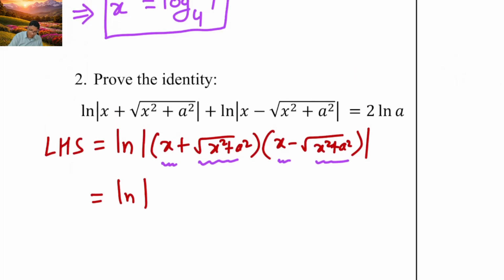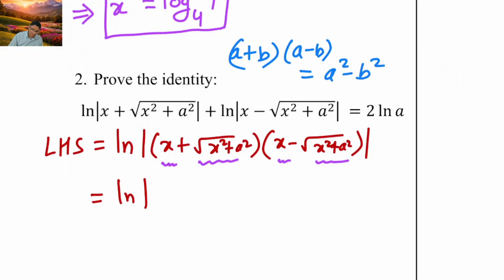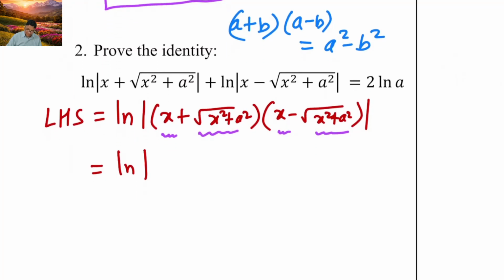I will write up here in case you need a reminder for that formula. a plus b times a minus b equals a squared minus b squared. So this would be ln of x squared minus under root x squared plus a squared, that is your b squared. a squared minus b squared.